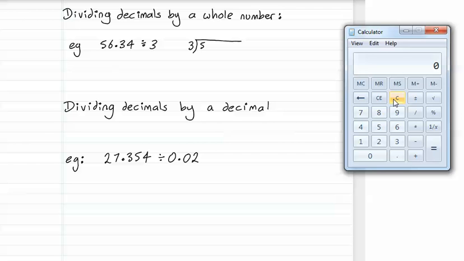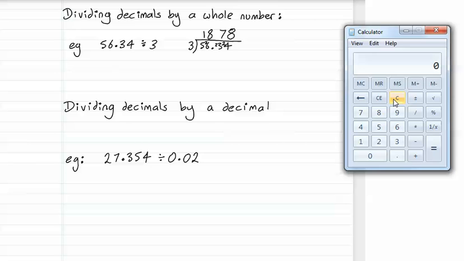So our little division sign, 3 into 5 goes once, leaving me a remainder of 2. 3 into 26 goes 8 times. 3 times 8 is 24, so that leaves me a remainder of 2. 3 into 23 goes 7 times. Oh, another remainder of 2. And 3 into 24 goes 8 times.